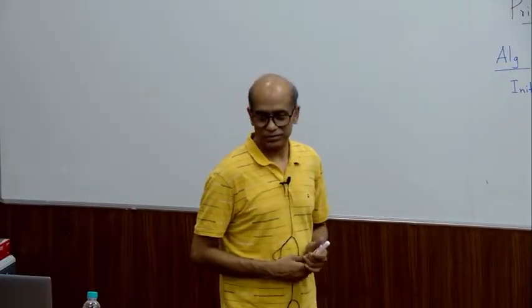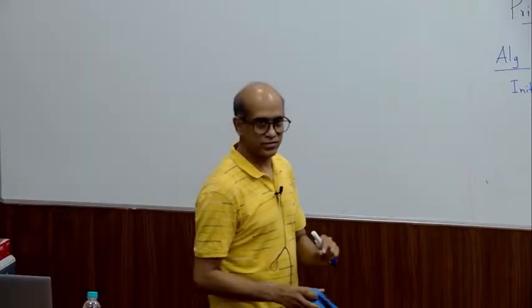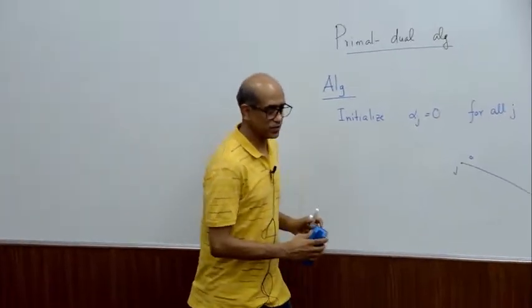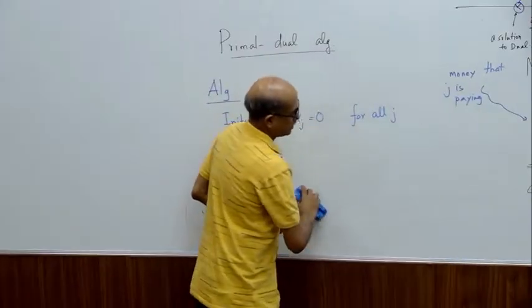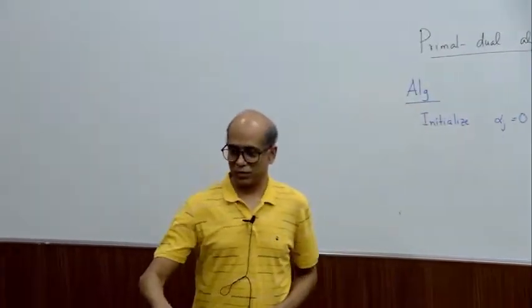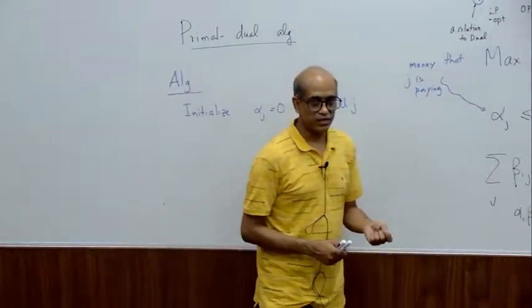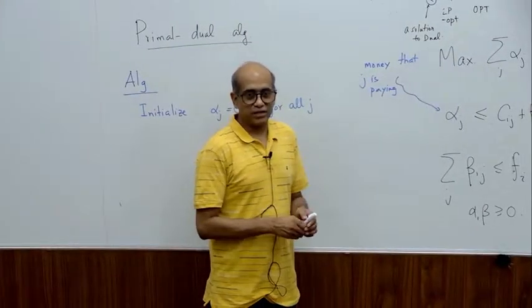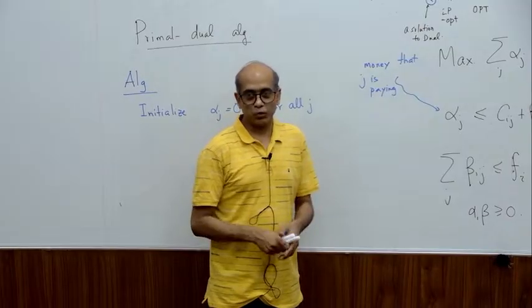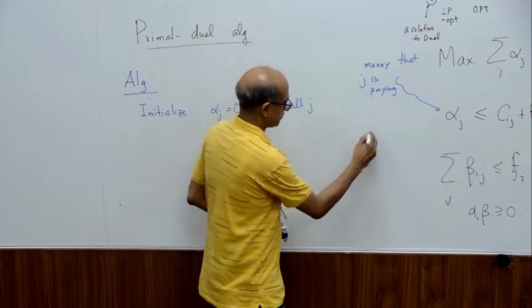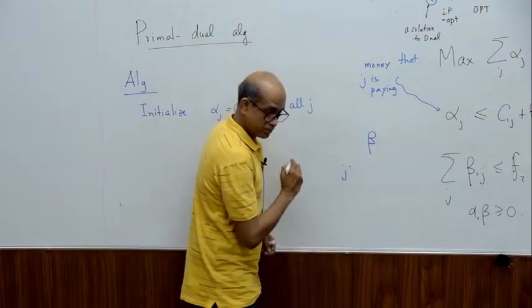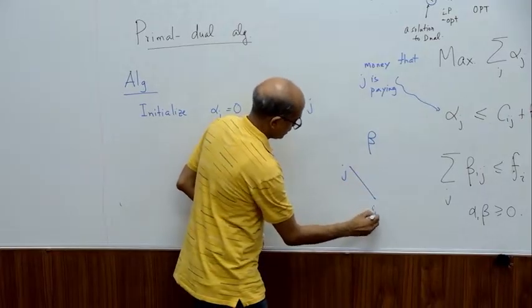So this is the overall algorithm. Let me write it down, and again somewhere we have to use the metric property, as you will see. One thing you have to understand is that even though we think of beta ij as the money that j is paying towards I, both beta I1j and beta I2j can be positive. So it's possible that, for example, this is j, and this is I1, and this is I2.